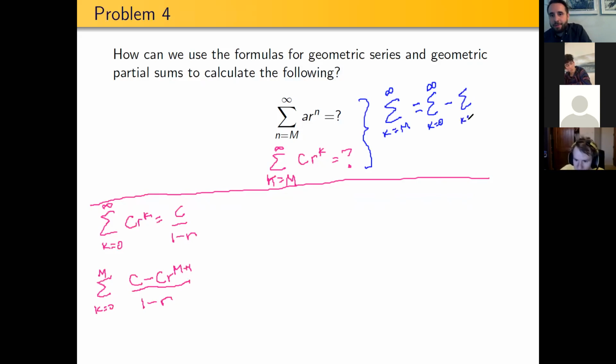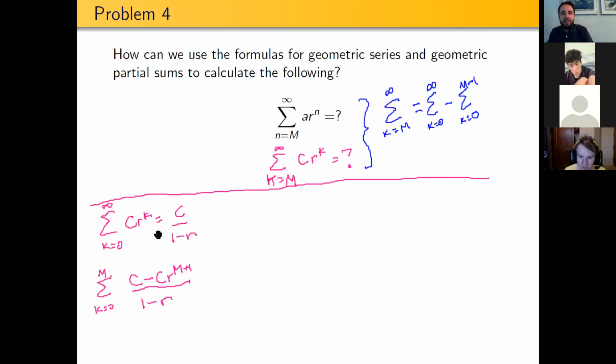So I'm going to subtract the first number of elements as k goes from 0 to m minus 1. If I want to start with the mth element, like I do here, I would have to subtract the first bunch of elements up to the m minus 1 element. That would let me start with k equals m.